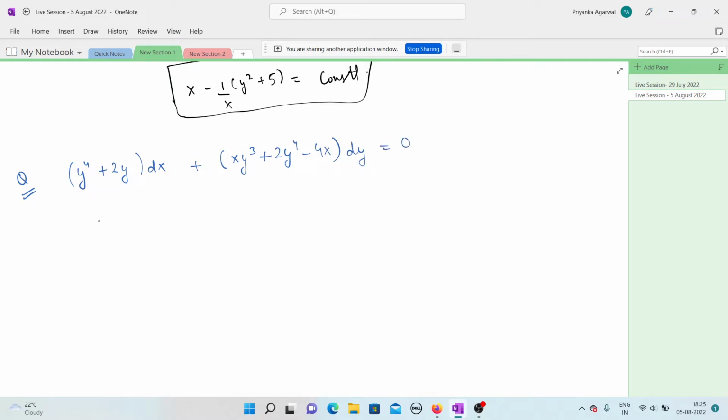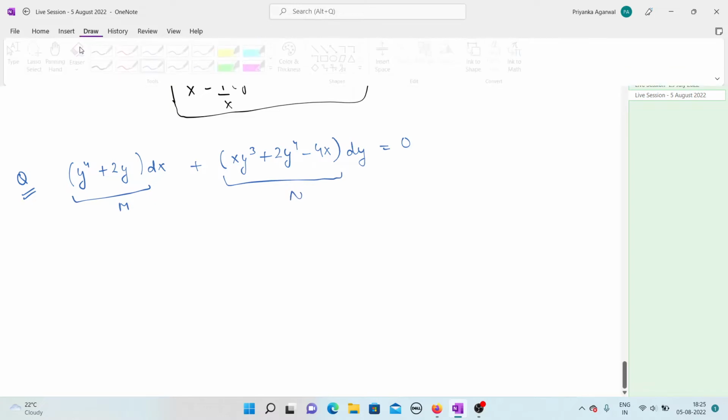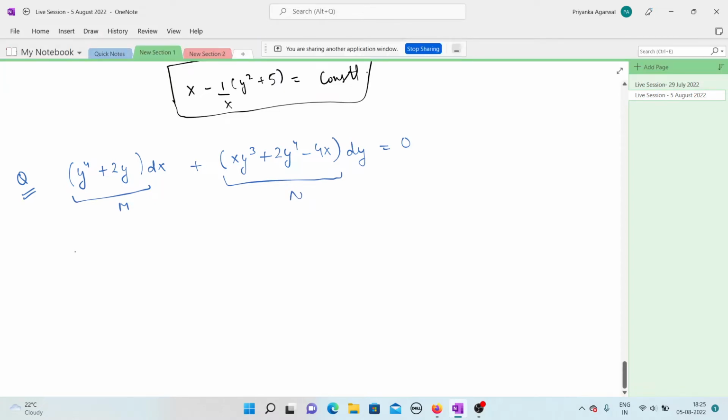Okay, so we have to solve this equation. Again, this is n, this is n. So dou m over dou y, what will it be? 0.